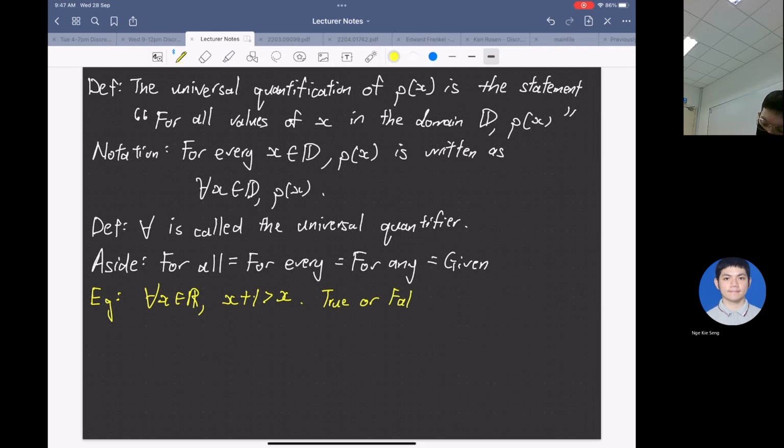Why true? Because a number plus one is always greater than the original number. I think that requires proof.